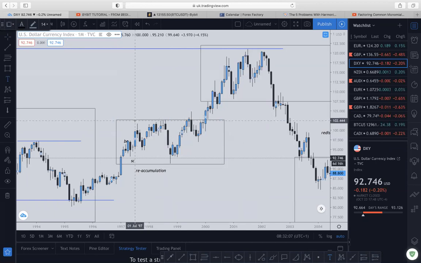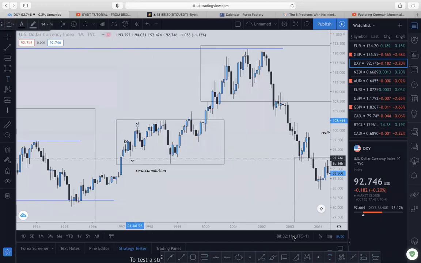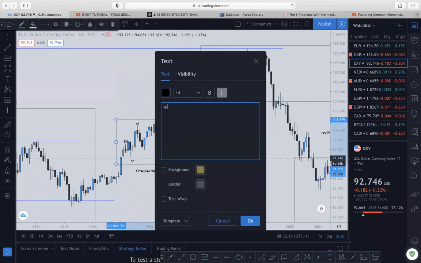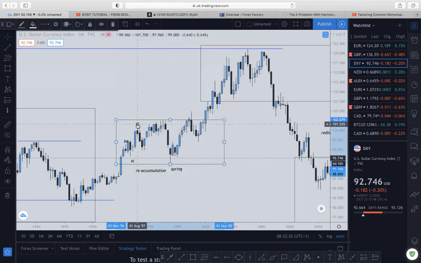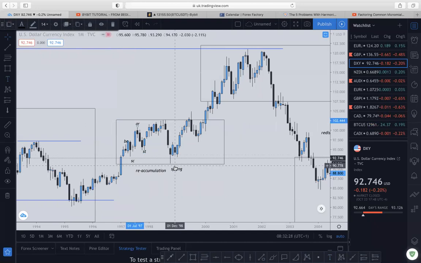This becomes our ST. Sorry, this becomes our ST. This becomes our AR. And this becomes our spring.